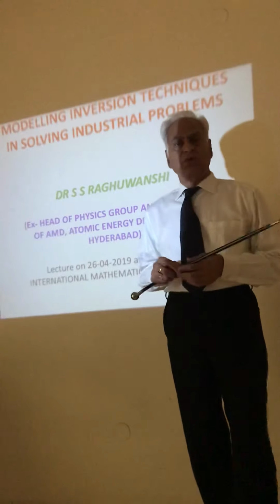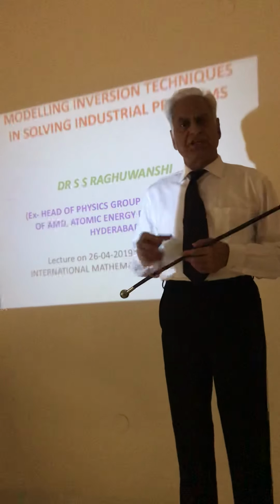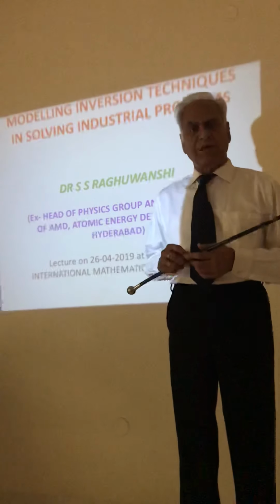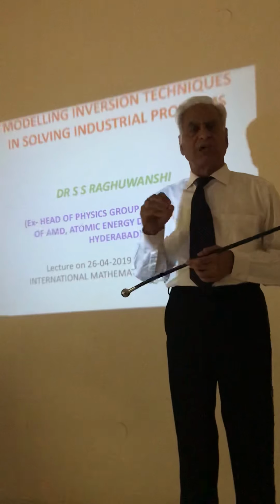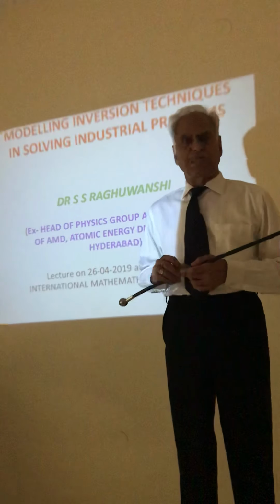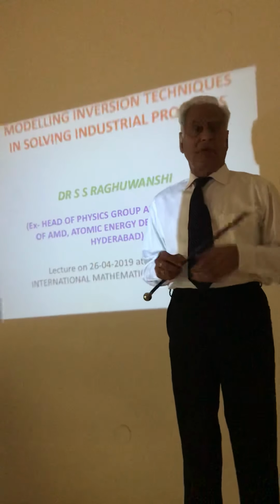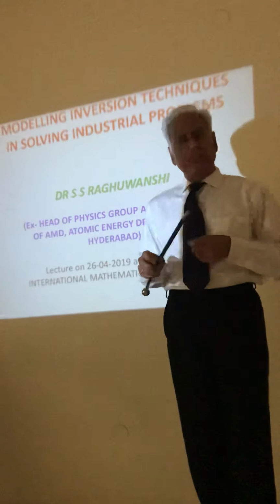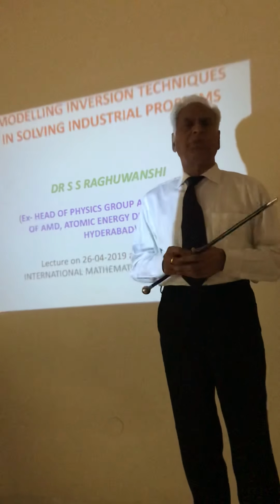So what you do, you take a GM counter and you measure the radiation intensities, and from that map you try to locate wherever the intensity is very high, you say the location of the source may be there. And when it comes to finding the size, sorry, it is very difficult. Why? Because we do not know how to interpret this data.